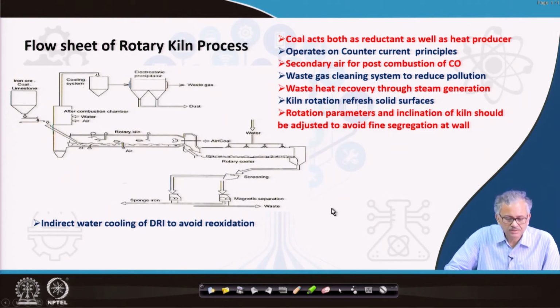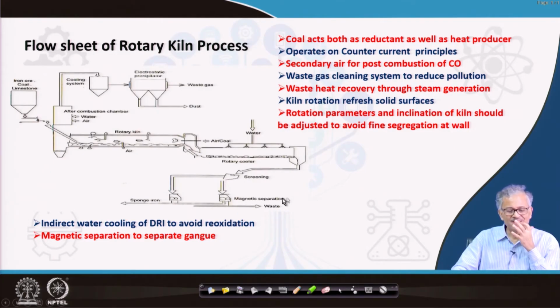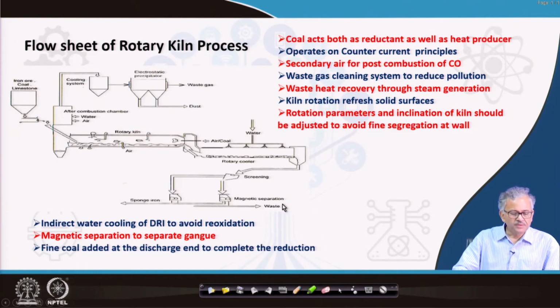Indirect water cooling of DRI to avoid the reoxidation. You can see when the sponge is coming, we do the indirect cooling, because obviously you cannot directly quench the DRI, then it will be reoxidized. So indirectly you are cooling it. Then magnetic separation is done basically to separate the gangue material, because gangue material will not respond to the magnetic field, whereas the metallized iron will respond.